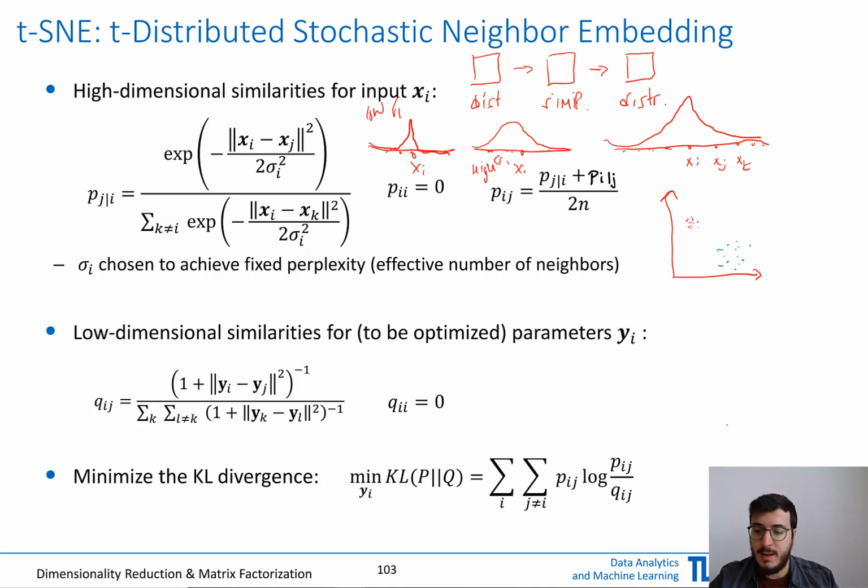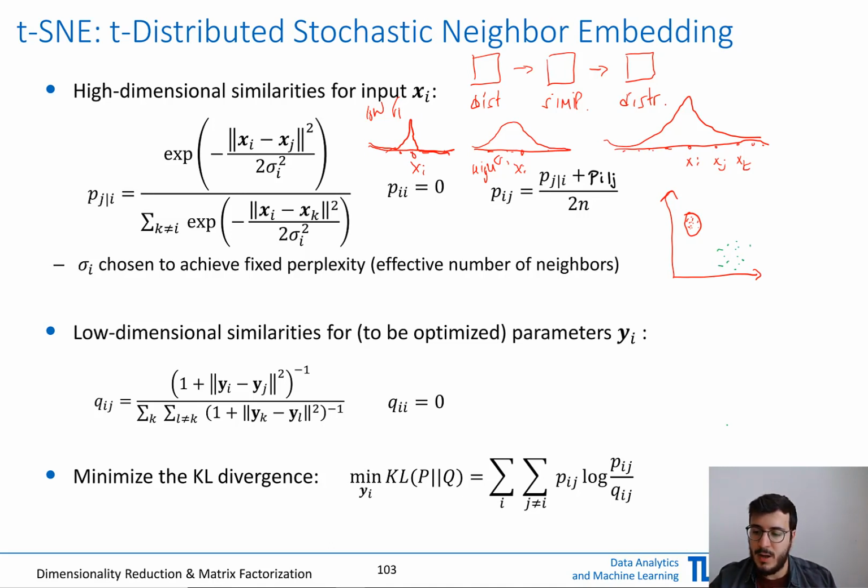So if an xi lives within this cluster, we would like to have a small sigma i in order to capture all of its neighbors. So if you put now a Gaussian which is very concentrated, you'll exactly get this tight cluster.